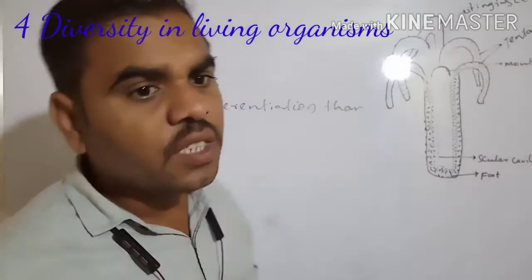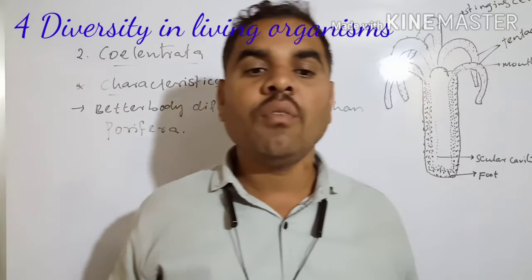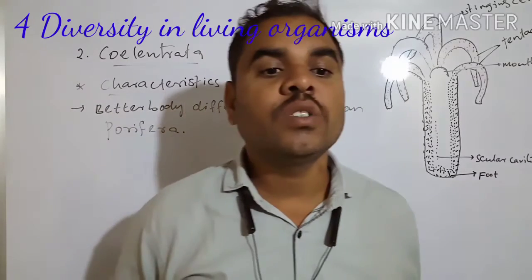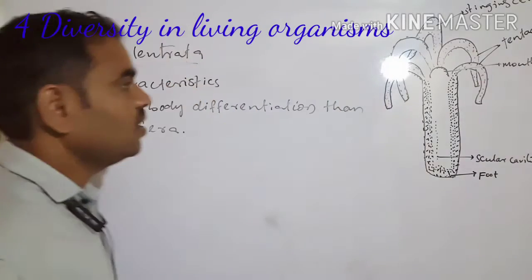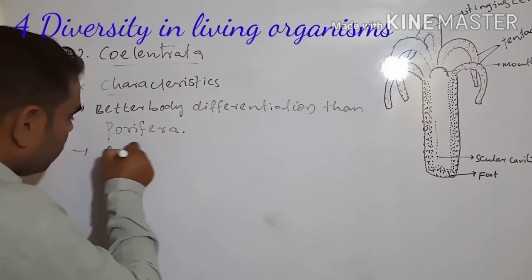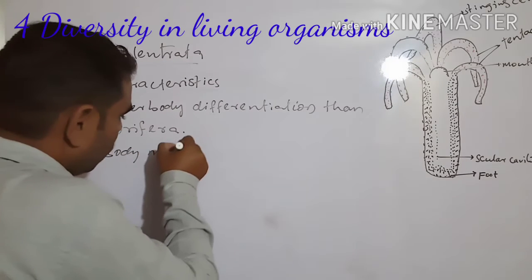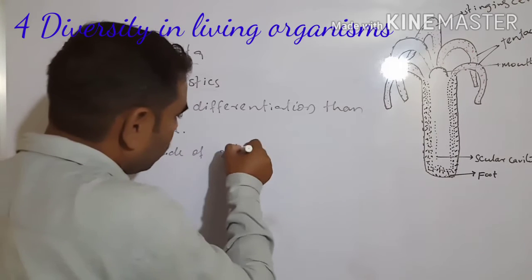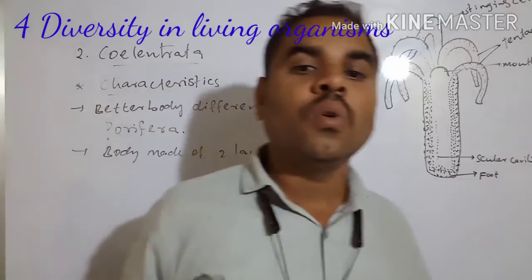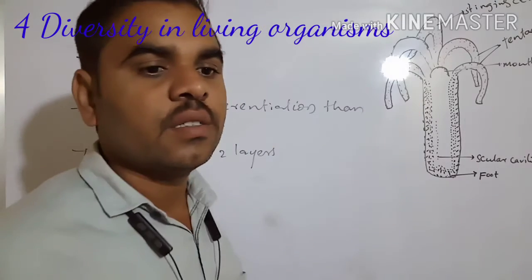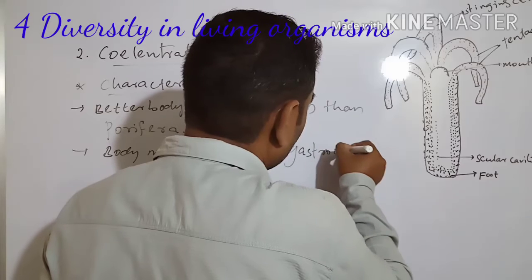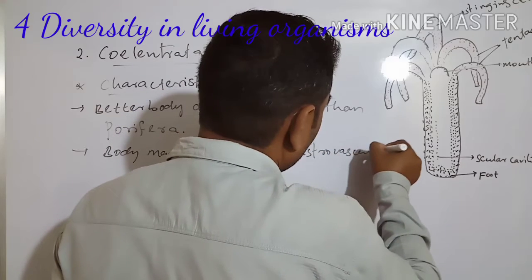Next, the body is made of two layers of cells. It has a gastrovascular cavity. The body is made of two layers, and one is the gastrovascular cavity.